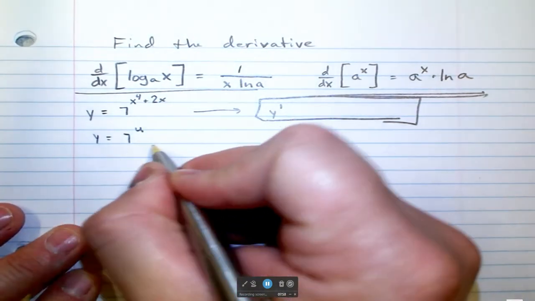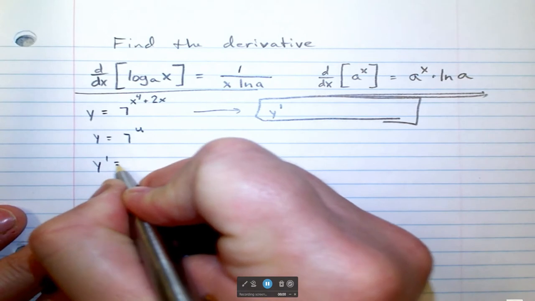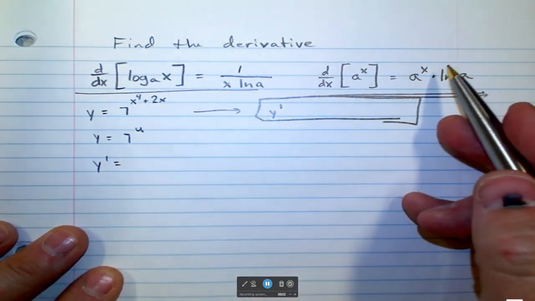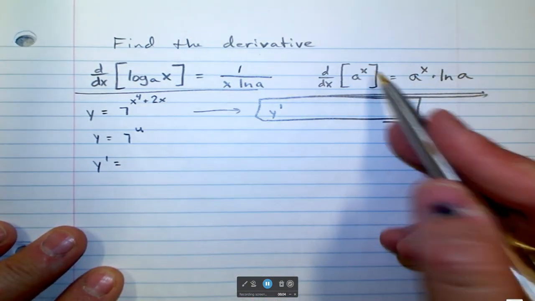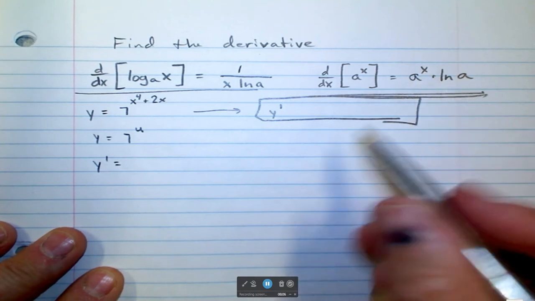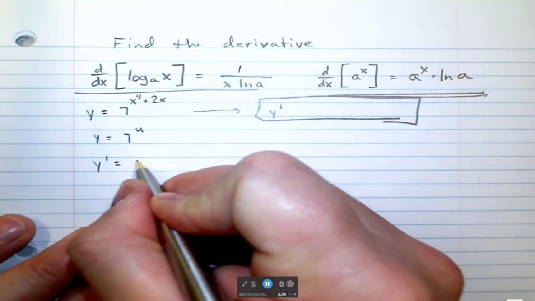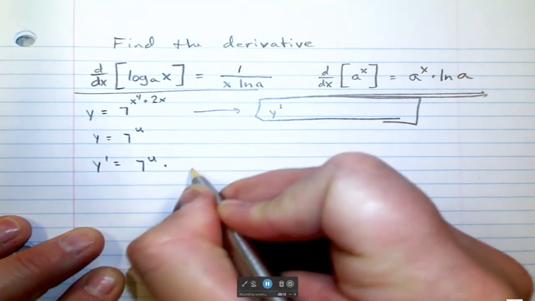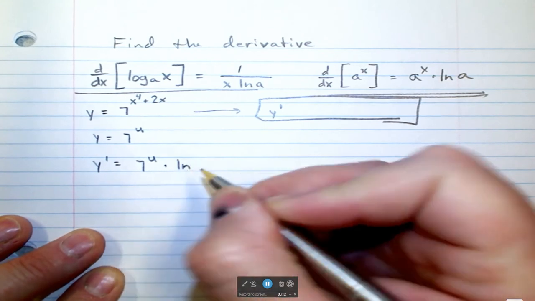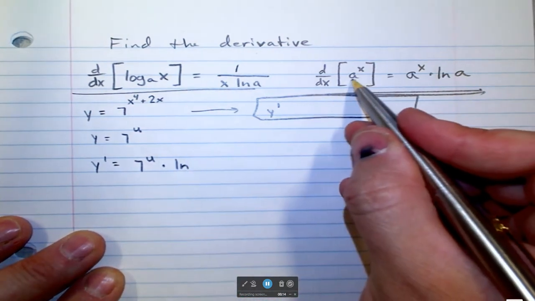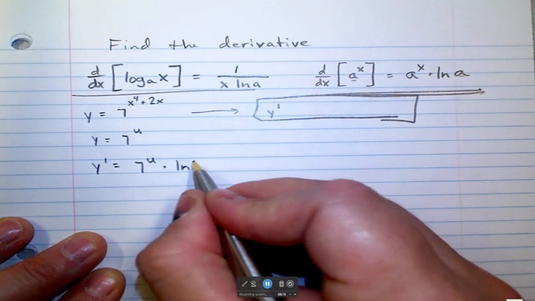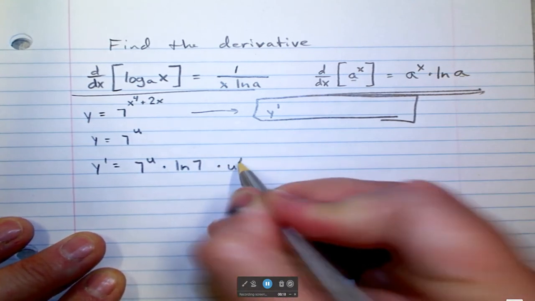So therefore y prime would be equal to what? Follow our rule, right? a to the x is a to the x ln A. So this would be 7 to the u times the natural log of 7, right, our base A is 7, times u prime.